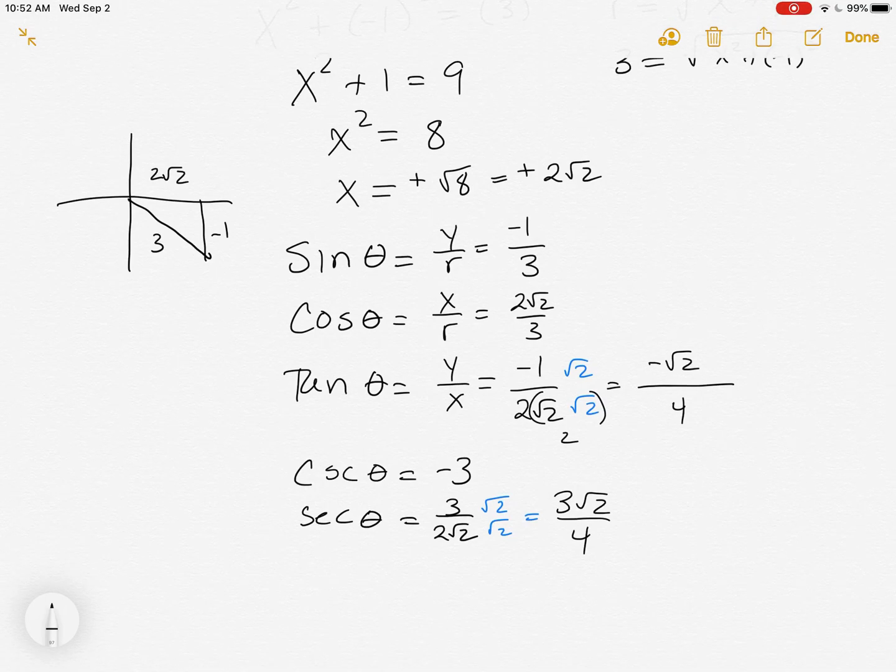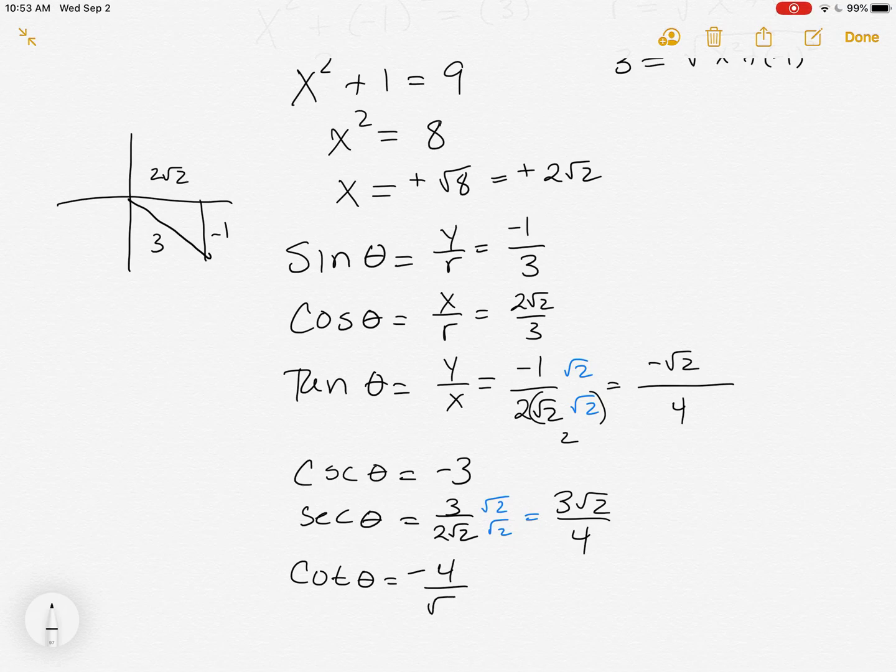And then cotangent theta would be the flip of tangent. How do I know it's the flip of tangent? Because they gave us those relationships in this section, I believe. Yes, on page 29. They talked about how each one of these last 3 is the reciprocal of its corresponding one above. And so if I look for tangent, it's negative root 2 over 4.